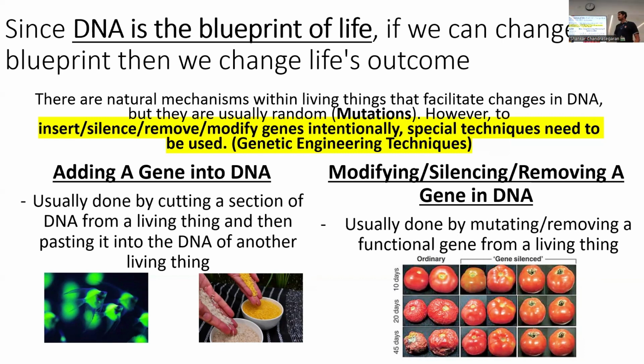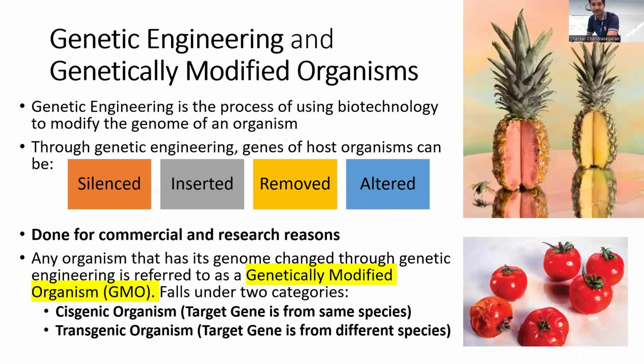And the most important to remember is adding the gene. That's the one where CRISPR is very useful. Other forms of modification, like modifying, silencing, and removing, can be done using CRISPR as well. But adding a gene, that's one of the things that CRISPR is actually very, very useful for.